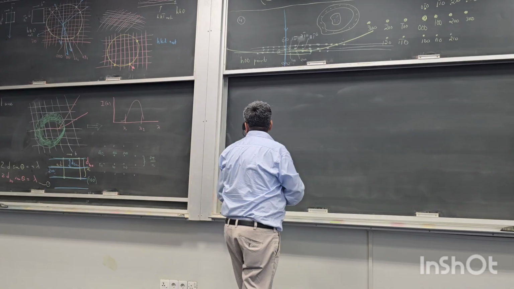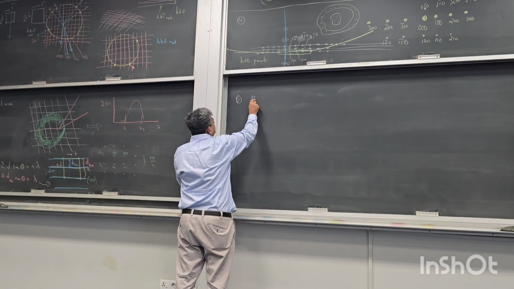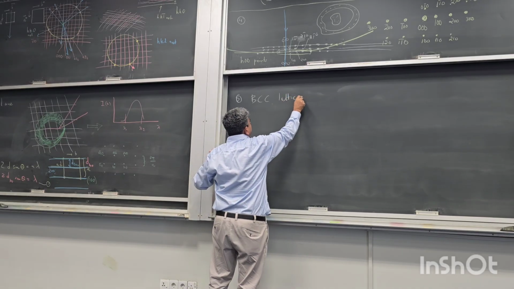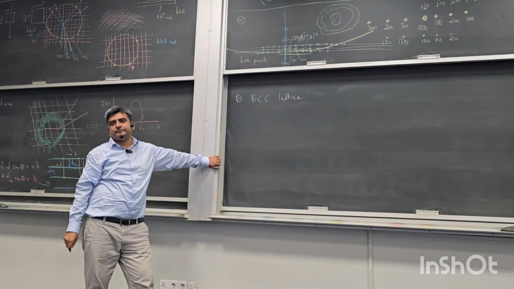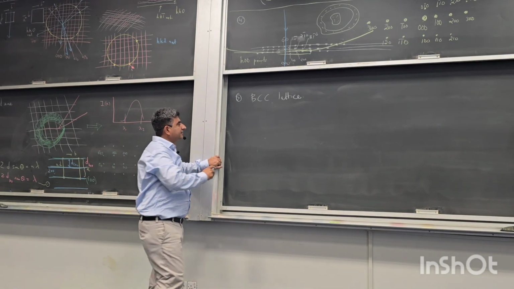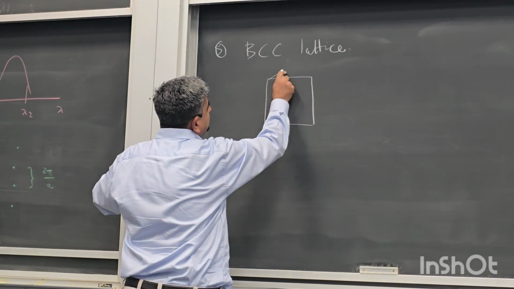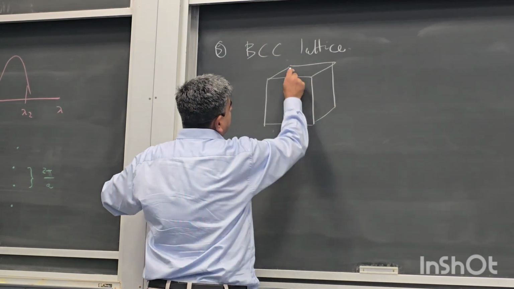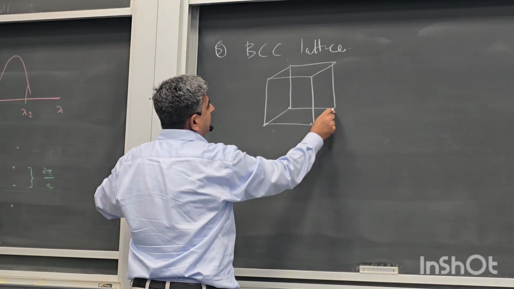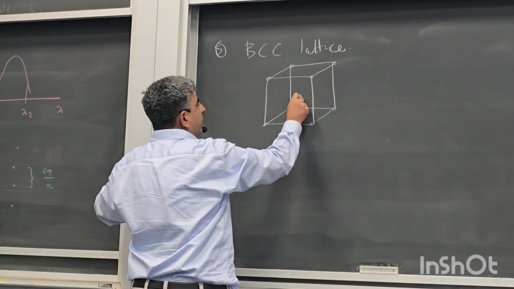the last point I would like to mention is, if I consider the BCC lattice in direct space, now this is a direct space lattice. So if I draw the lattice, body centered cubic, there is a point in the body center.